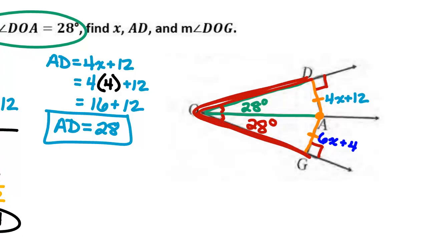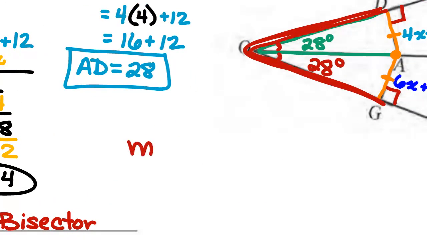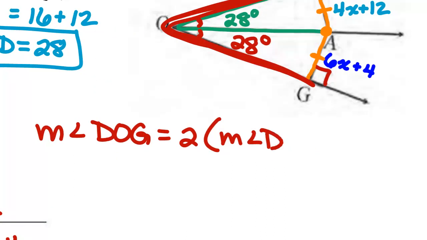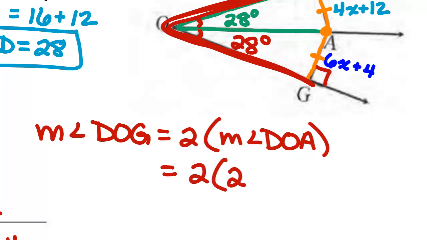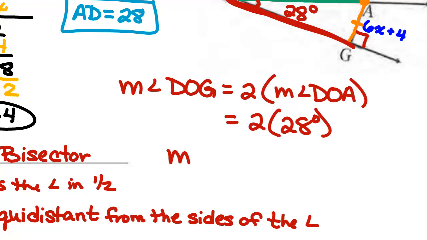So how could I find that? Add 28 to 28 or do 28 times 2. Yes, the measurement of angle DOG is equal to 2 times the measurement of angle DOA. So 2 times 28 degrees, which is 56 degrees.